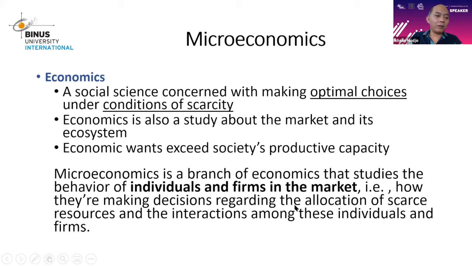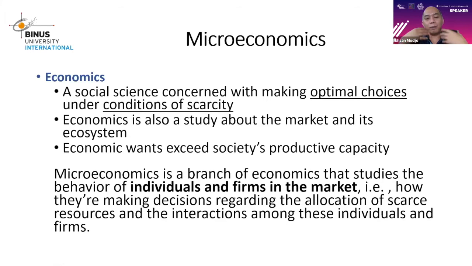What is microeconomics? We have basically micro and macro, yeah. Microeconomics is basically a branch of economics that studies particularly the behavior of individuals and firms in the market. That's going to be our main focus when talking about microeconomics. Whereas in macroeconomics, the focus is still the market, but it's not the individuals or firms.